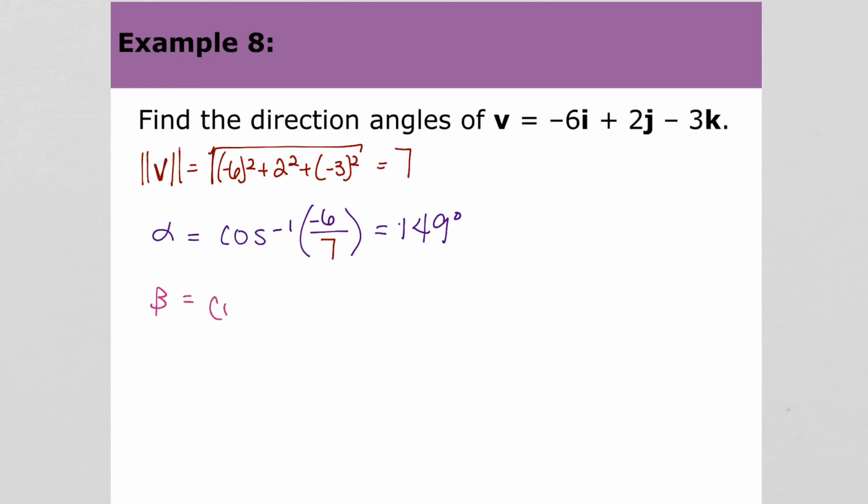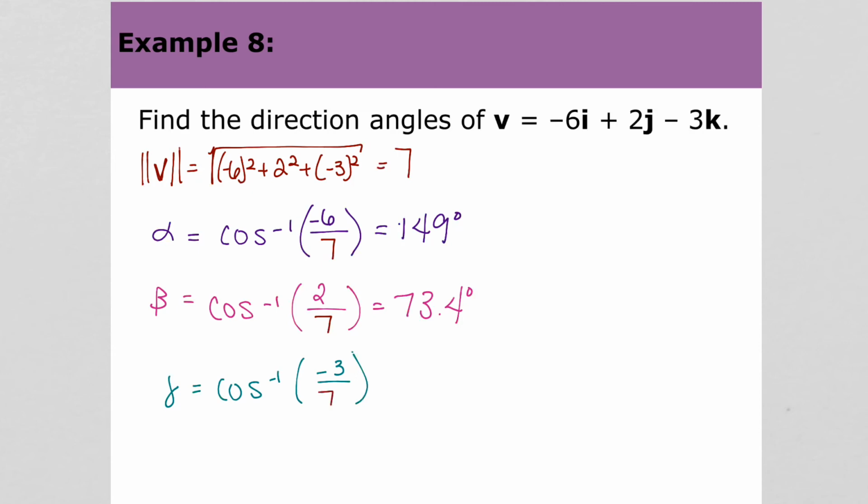Beta will be the inverse cosine of B, which is 2, over the magnitude of V, 7. 73.4 degrees. And lambda will be the inverse cosine of C, that's negative 3, over the magnitude, 7. And that is 115.4 degrees.